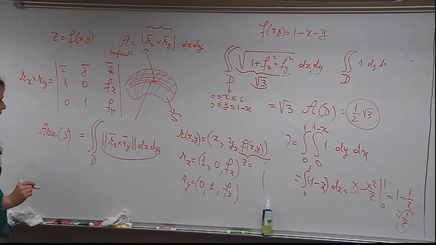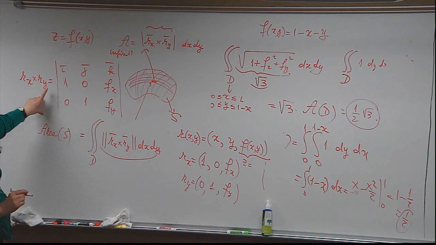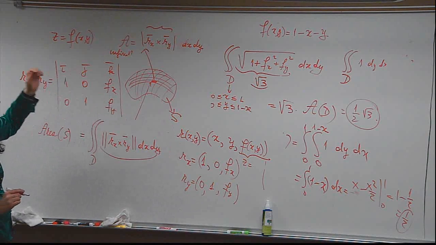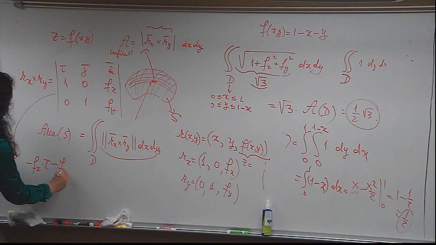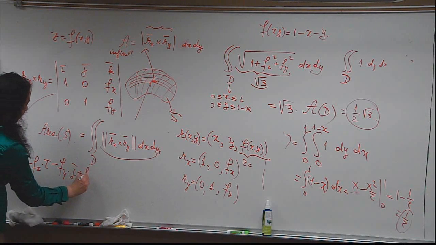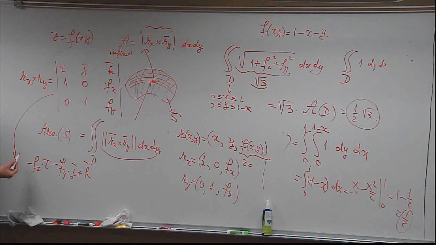So what do you do in that case? Well, you take the length of this vector. What is the length of this vector? What is this vector actually? This vector should be, somebody help me please, minus f sub x i minus f sub y j plus k. Okay, so what is the length of this vector?